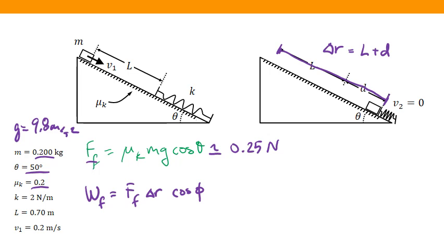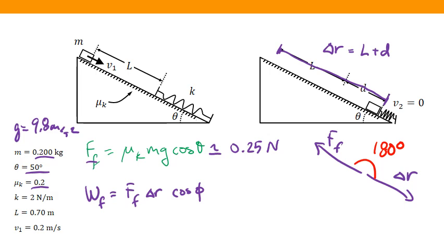If I look at this, my friction force was pointing up the hill. My displacement was pointing down the incline. And so the angle I have between them is going to be 180 degrees.